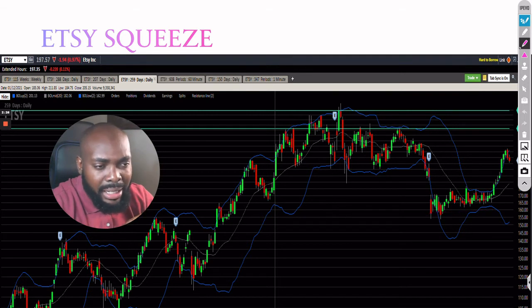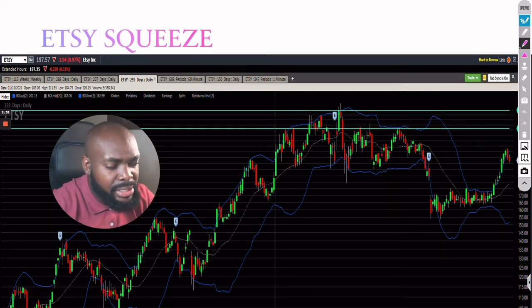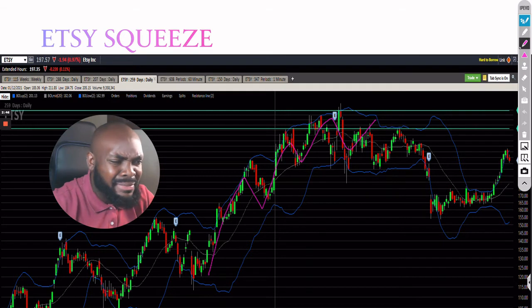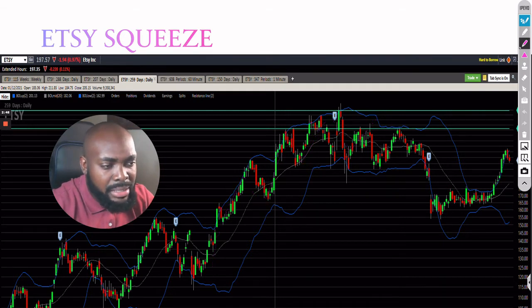This line here is my upper Bollinger Band. This blue line to the downside is my lower Bollinger Band, and this is my mid Bollinger Band line. When we look at just the study of the Bollinger Band, we can see that in this area the stock is very volatile. It's bouncing from the lower Bollinger Band to the higher end of the Bollinger Band.